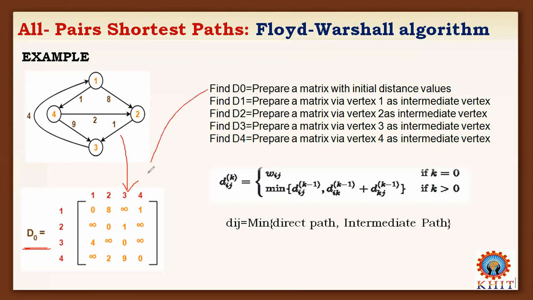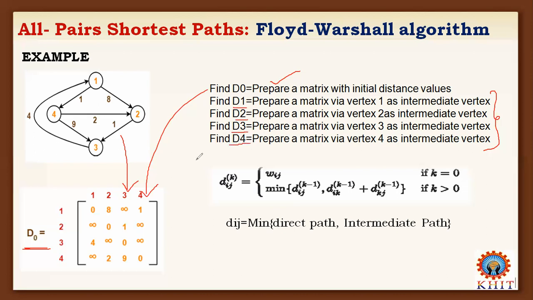So this is how to find D0. Once D0 is found, we need to prepare the matrix with initial distances. Next, you need to prepare the remaining ones also: the D1 matrix, D2 matrix, D3 matrix, and D4 matrix.